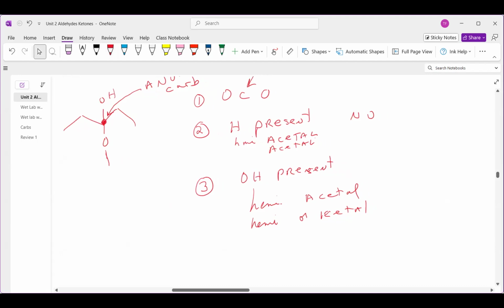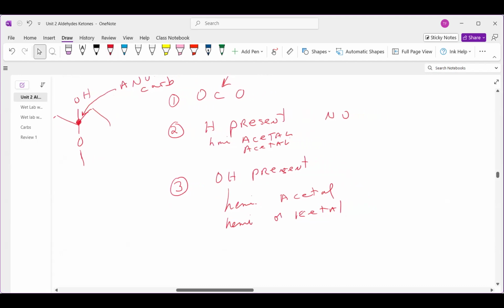Okay, so what is this thing then? Well, because we answered yes on the OH group, it's a hemi something, right? If the OH is present, it's got to be a hemi something, hemiacetal, hemiketal. So that determines hemi, yes or no.